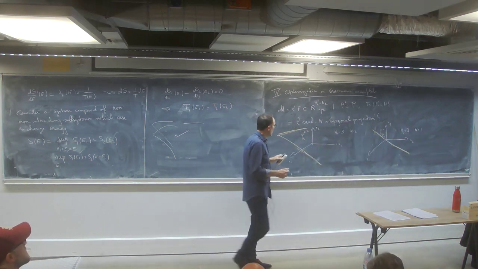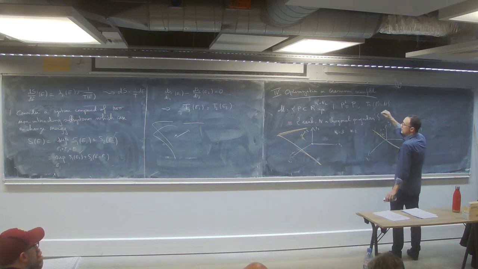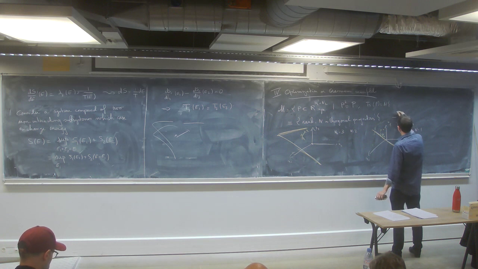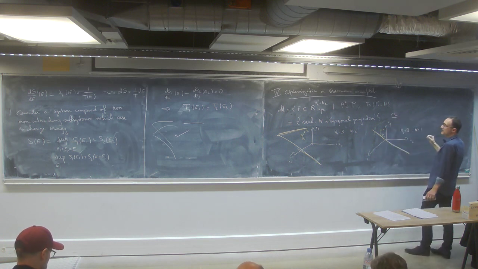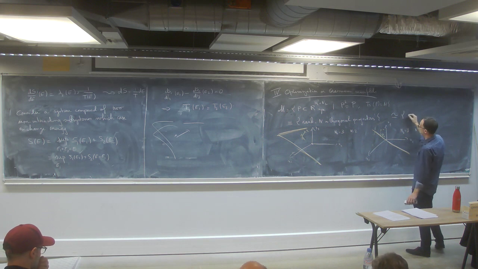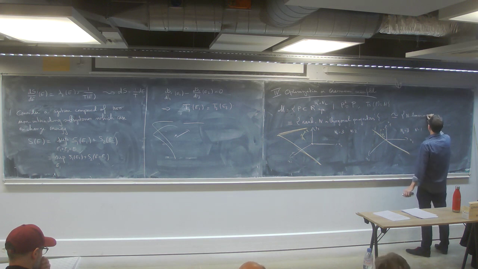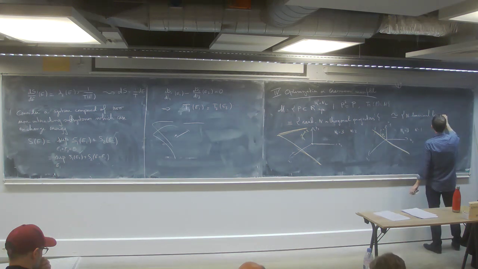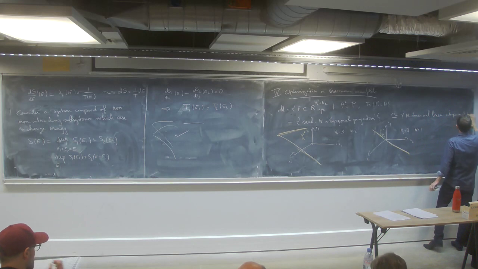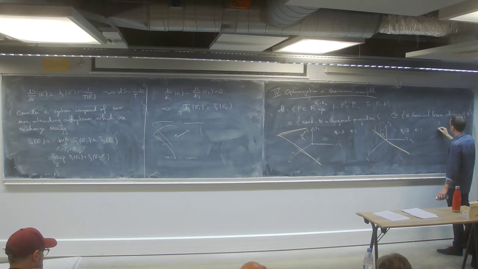And basically, this manifold, because it is a manifold, is the same as the n-dimensional linear subspaces of R^NB, which is really called the Grassmann manifold.